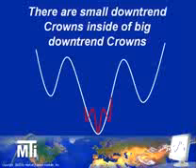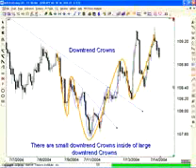Just like there's small crowns inside of big crowns in an uptrend, there are small downtrend crowns inside of big downtrend crowns. Put your machine on pause and take a look at this one. The blue is the left tip, center tip, market rallies up to resistance, then falls and rallies back up to where?